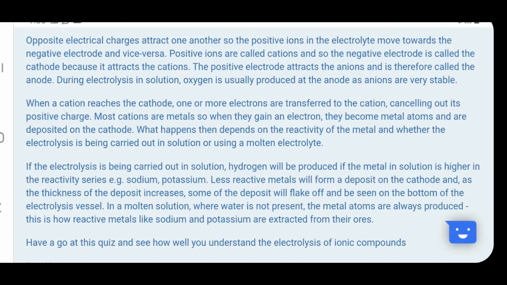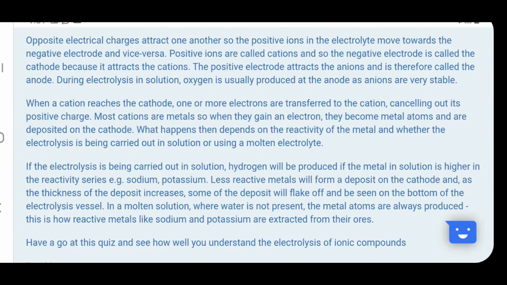That might be a little confusing to you, so let me go back. If the electrolysis is being carried out in solution, hydrogen will be produced if the metal in solution is higher in the reactivity series, such as sodium, potassium. So, in other words, one is being preferentially discharged or displaced over the other.